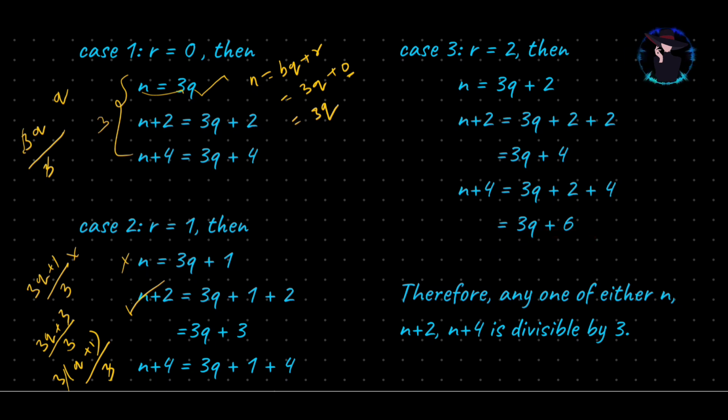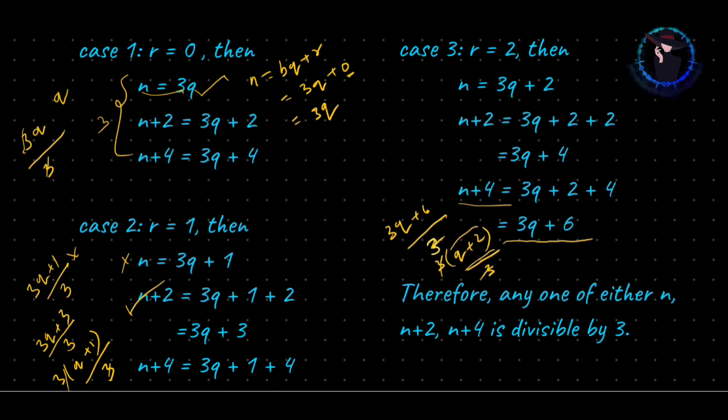We can just say by looking at it, yes, that is n plus 4, because it's 3q plus 6 by 3, which is 3 common, q plus 2 by 3, 3 cancels, which is equal to q plus 2, satisfied. So again, among all three, only one is satisfied.